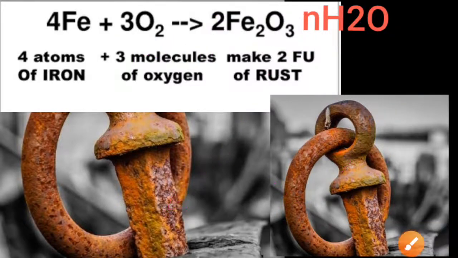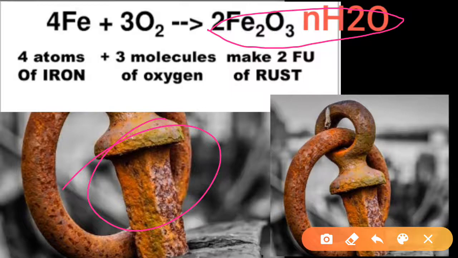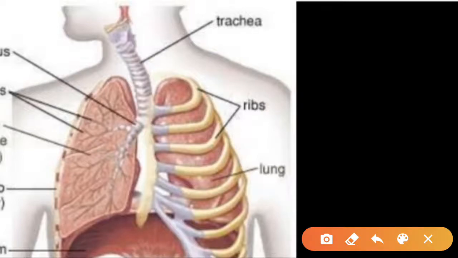This is iron oxide with water molecules, and after a few days it has rusted. Can this rust be converted back into iron? No. So it is a chemical change. The next example, respiration.